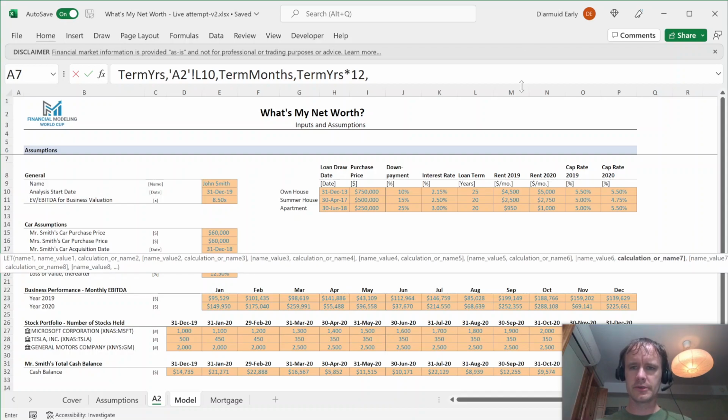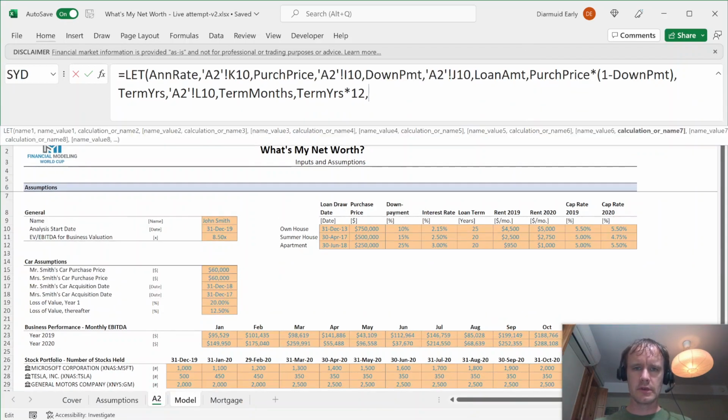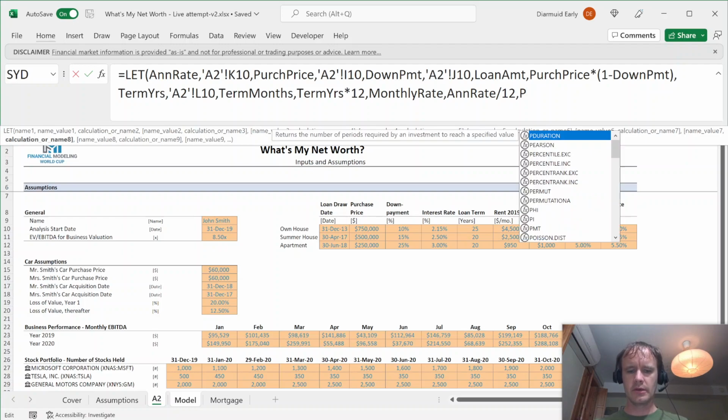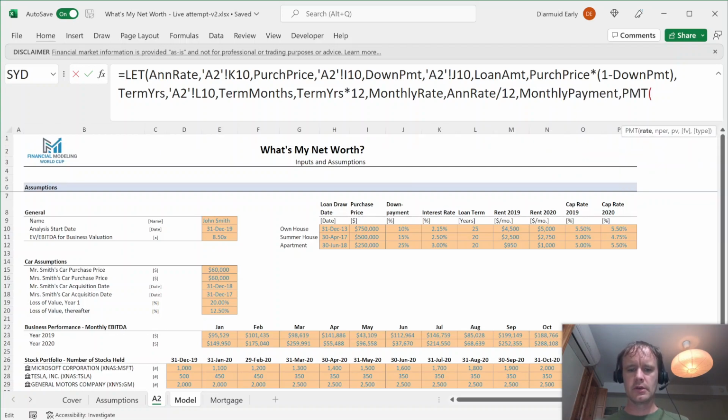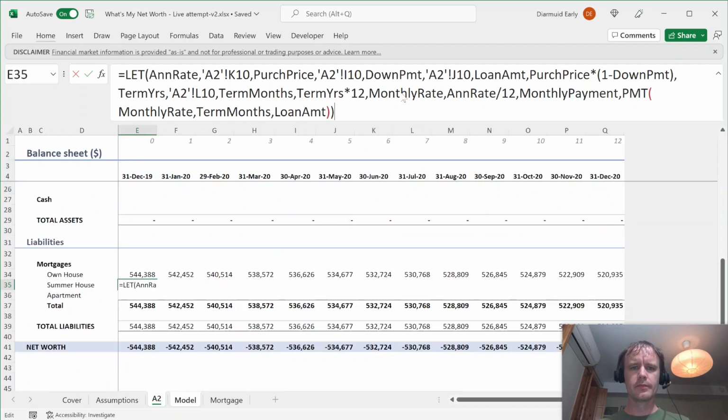What else? Let me just expand this out so we can see all of it. I want my monthly rate. That's annual rate over 12. Then I think I've got all the different pieces I need. So then my monthly payment can be PMT of monthly rate, comma, term in months, comma, PV is the loan amount, and that's it.